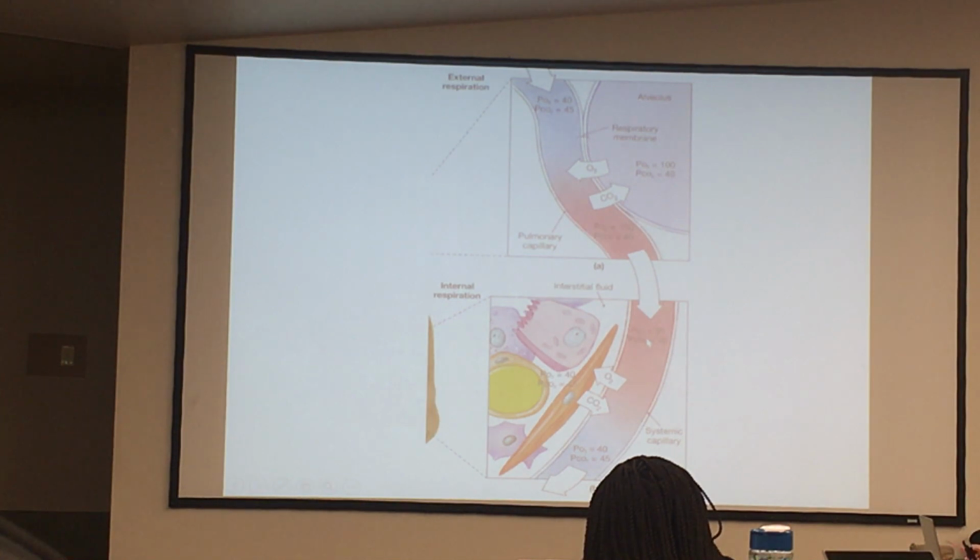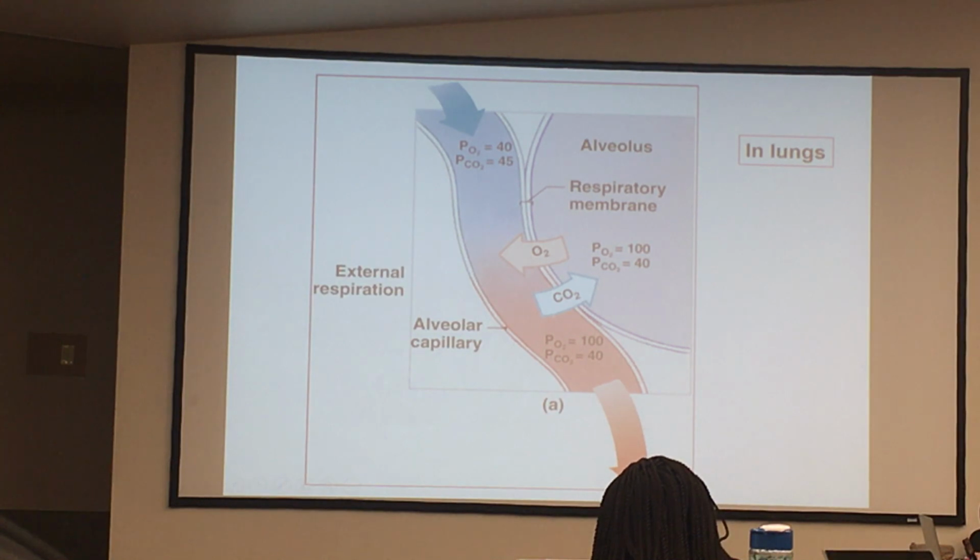CO2 is about the same. But in the tissue, the oxygen is down to 40. So 95 is greater than 40, and oxygen moves in. In the tissue, CO2 is 45 and blood is 40, so CO2 moves out. This exchange we call internal respiration.